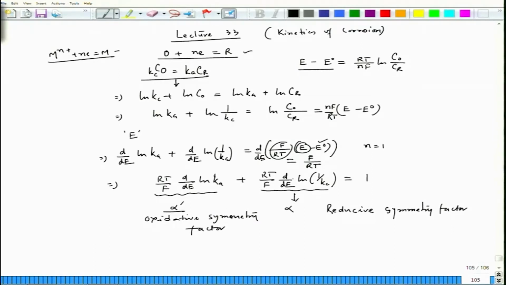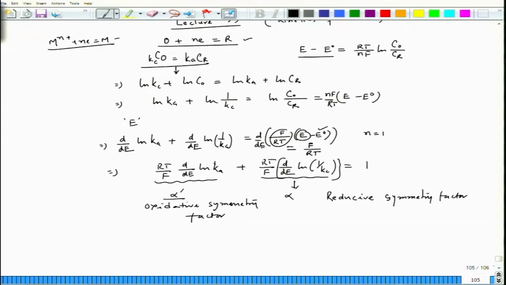If I look at this quantity, it is nothing but the slope of 1 by K_C for a plot of K_C and E. So I am just considering RT times d by dE of ln 1 by K_C.